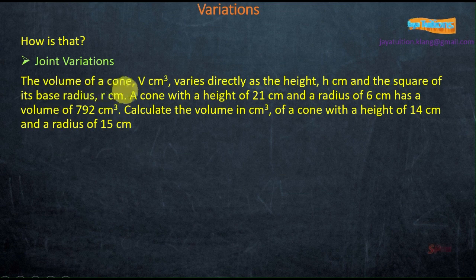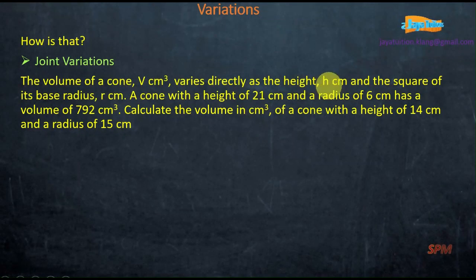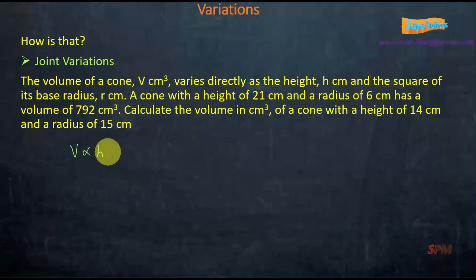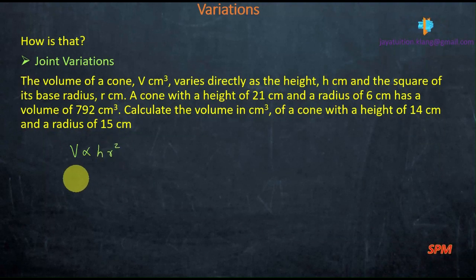The volume of the cone V centimeter cube varies directly as height h and the square of the radius r. So volume V is directly proportional to height h and r square.